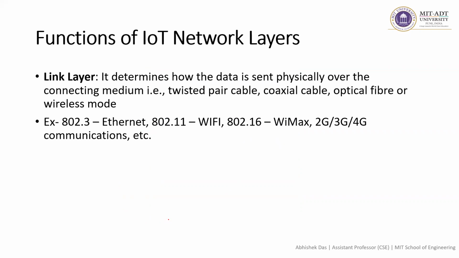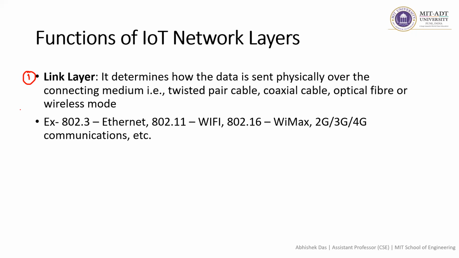Let us come to what a link layer is, or basically what the functions of the first layer are. The link layer is the first networking layer, and it determines how the data is sent physically over the connecting medium. So the link layer is concerned with the physical connecting medium.